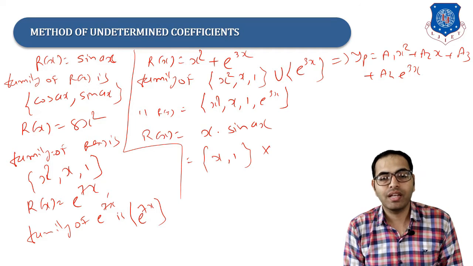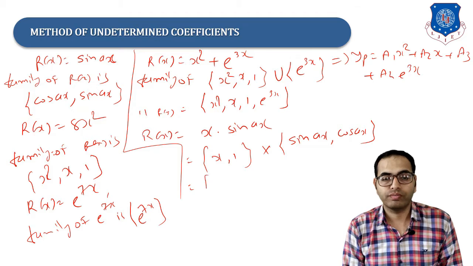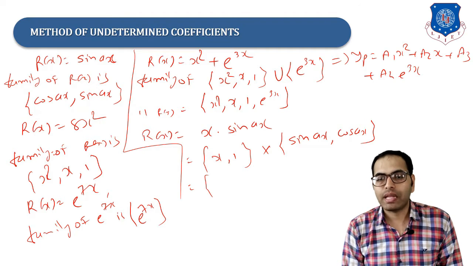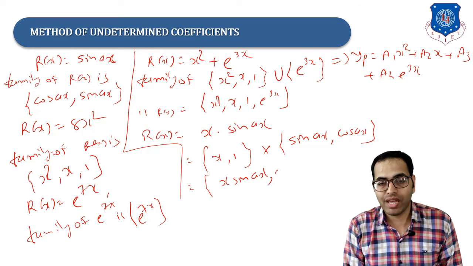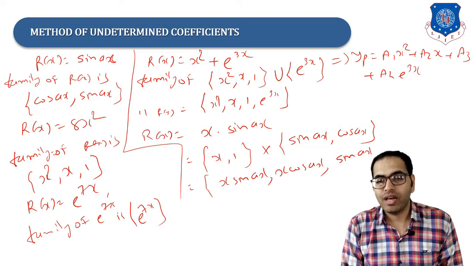Similarly, suppose our r(x) is x sin ax. First we find the family of x, that is x and 1, and the family of sin ax, which is sin ax and cos ax. Whenever our r(x) is in product form, then the product form of the family is x sin ax, x cos ax, sin ax and cos ax.